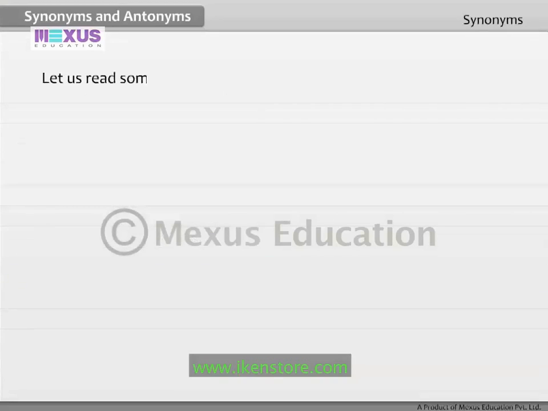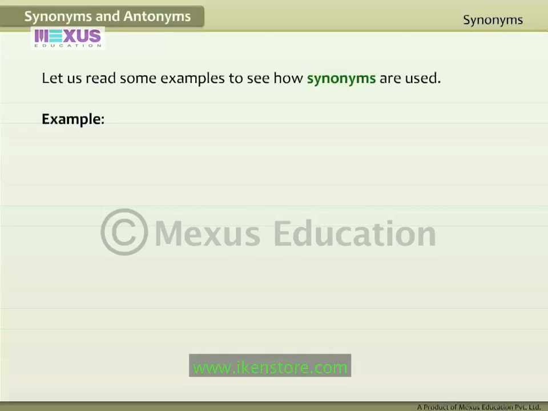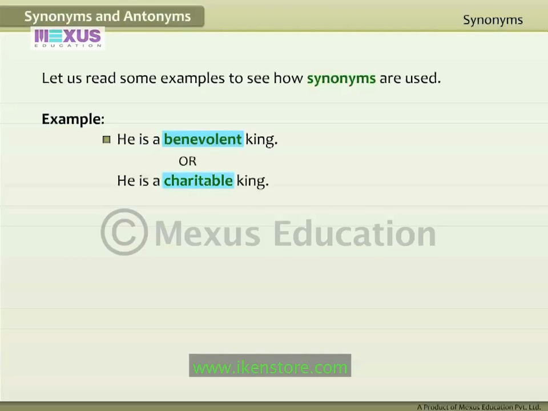Let us read some examples to see how synonyms are used. He is a benevolent king. If we replace the word benevolent with the synonym charitable, the sentence becomes, He is a charitable king. The meaning of the sentence still remains the same. Read the next example.